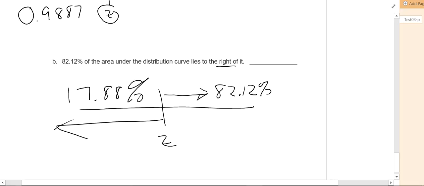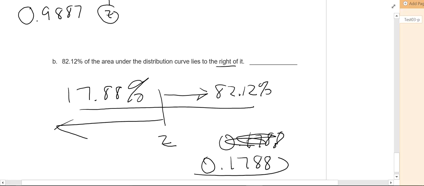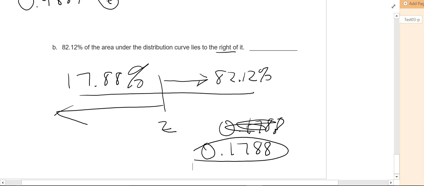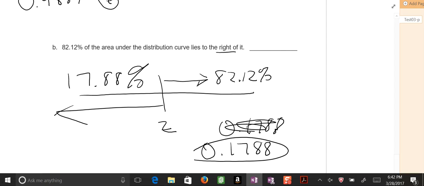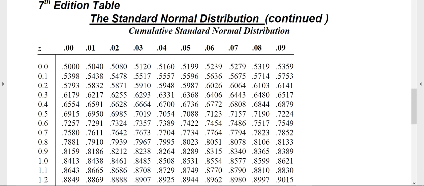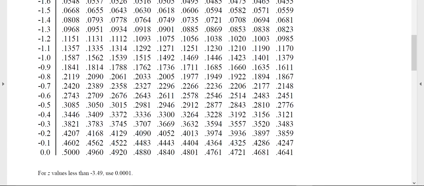So I need to look up the number 0.1788 in the table. It's hard to write with these pens. You gotta get used to them. So 0.1788 is below z. So I go to my table again and look for 0.1788. That's going to be down here somewhere, hopefully.